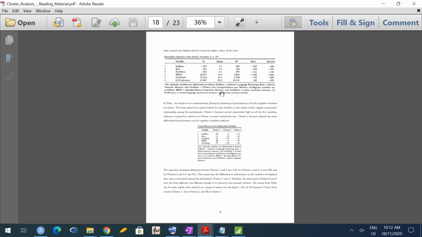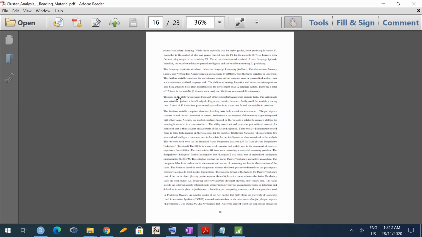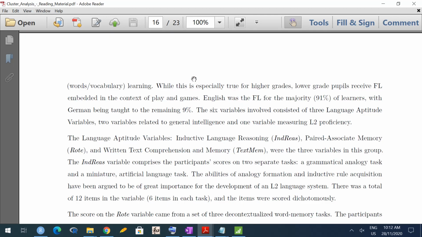So the tests were meant for listening, reading, grammar in context, vocabulary in context, and writing. And these are language aptitude variables which are going to contribute. So inductive language reasoning, paired associate memory, written text comprehension, and just memory, etc.